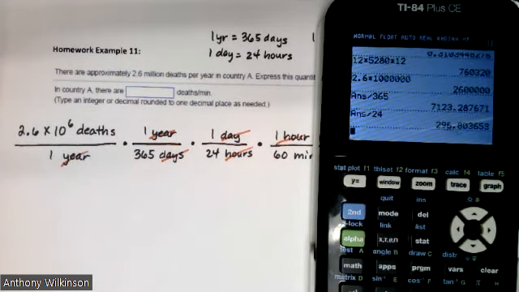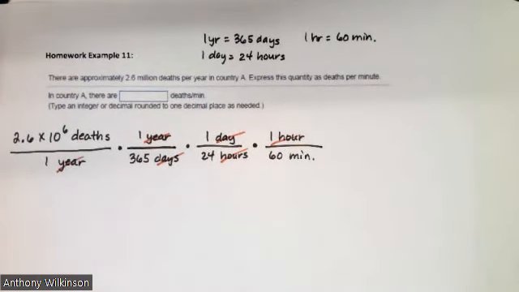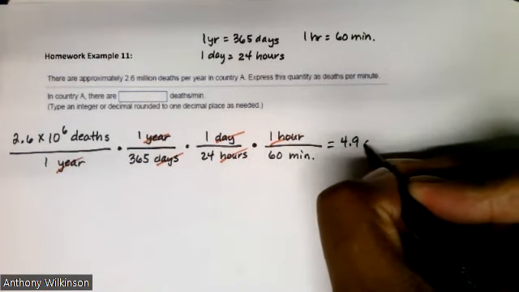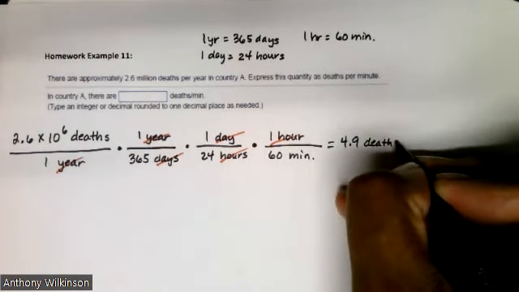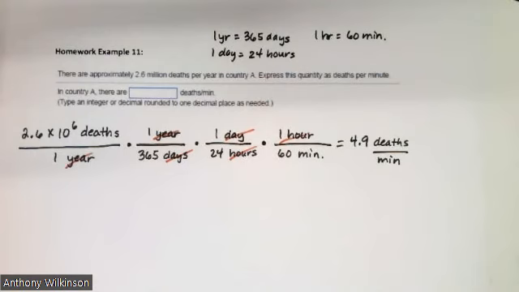That would give us this. Take that and divide that by 60. And I think they want this to 1 decimal place as our answer. So this will end up being 4.9 deaths per minute. So for every minute, there are approximately 4.9 deaths in country A.